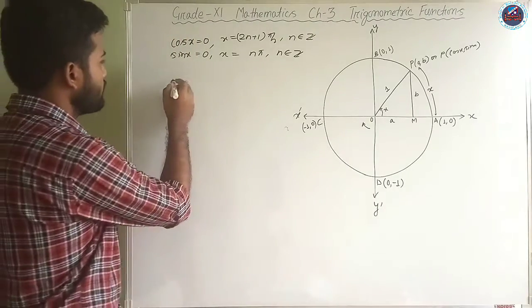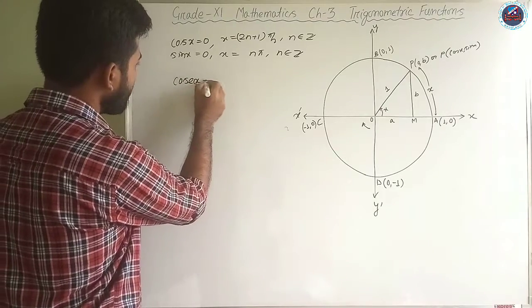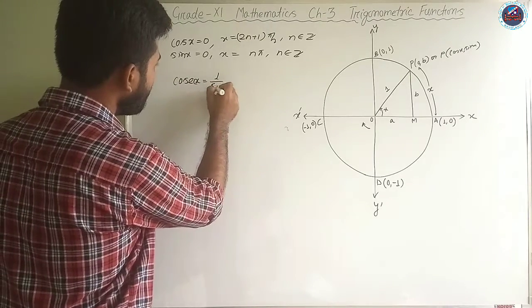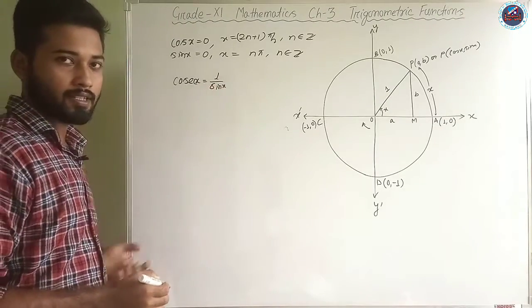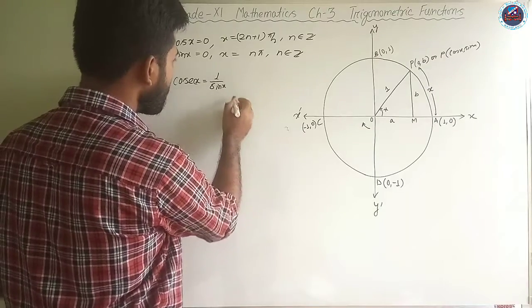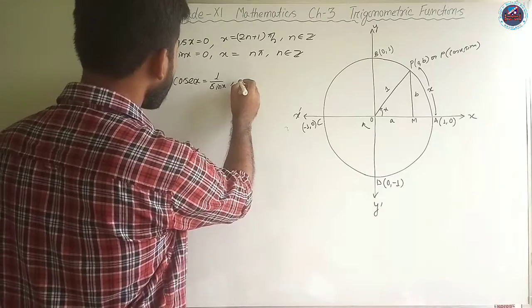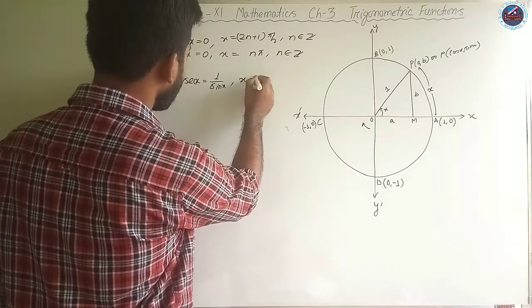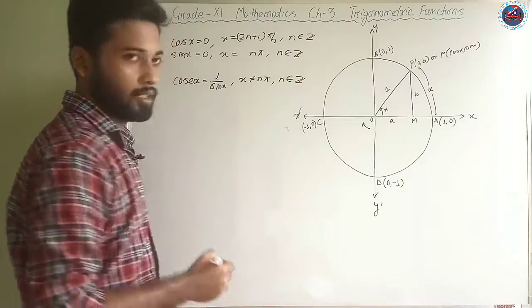Like what is our cosec? Cosec of x is equal to 1 by sine of x, isn't it? But since 1 by sine of x is a rational function, sine x cannot be 0, and the condition will be x not equal to n pi, where n belongs to the set of integers.